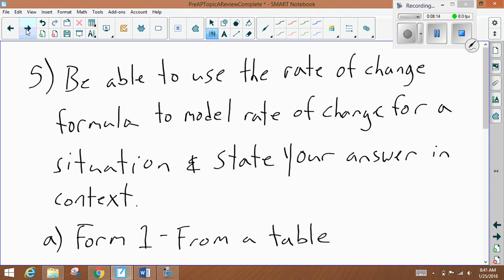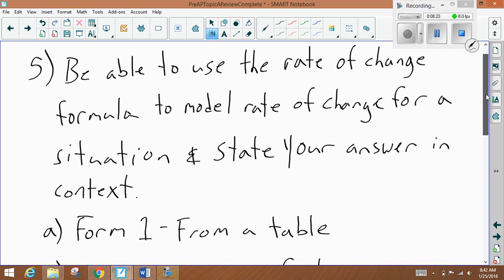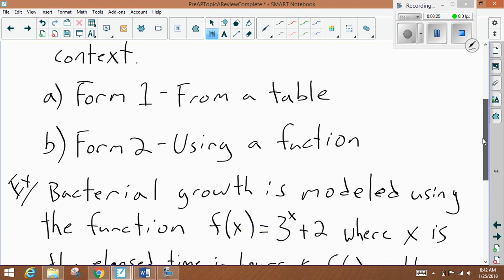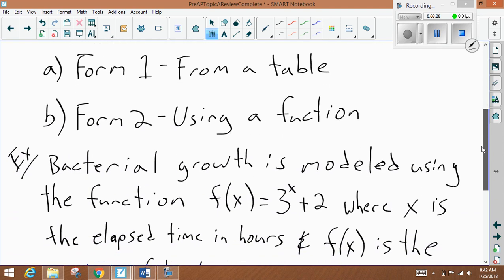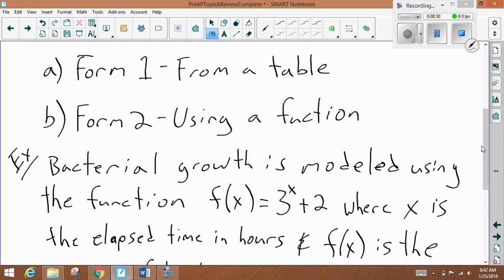We're going to do the latter example right now. Okay? Let's check it out. So like I said, the first form is going to be from a table, and then also using a function.